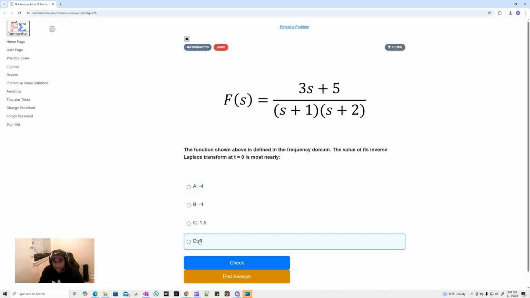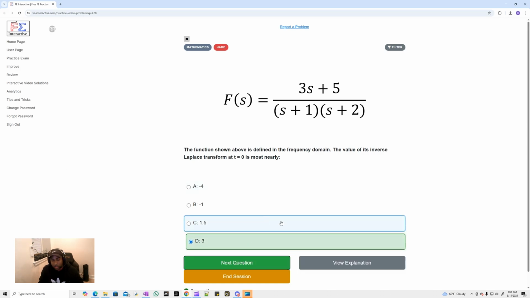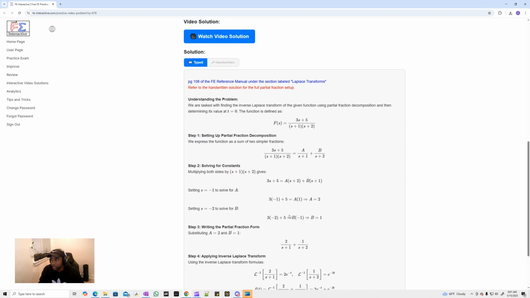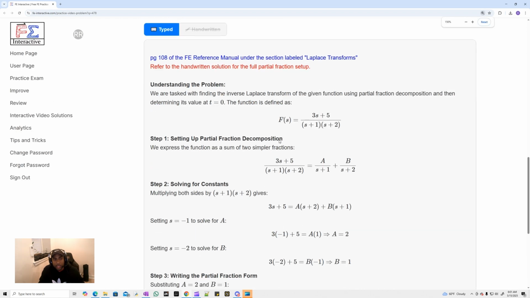So the solution to this is going to be 3. We can go ahead and plug in that answer. And we did get it correct. We can view the explanation here. And what you could see is that all we did was understand that we had a Laplace transform, we had a frequency domain function, and we went ahead and took its inverse Laplace transform.